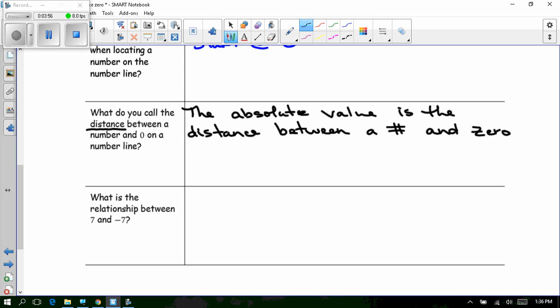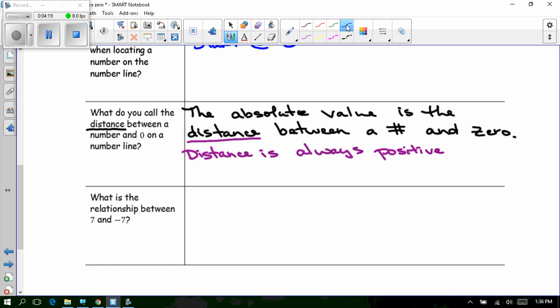Now, because it has to do with distance, distance is always a positive value. Distance is always positive, which means absolute value is always positive.